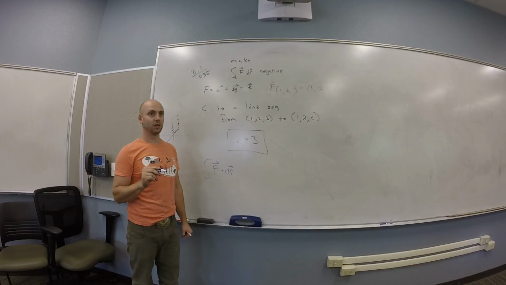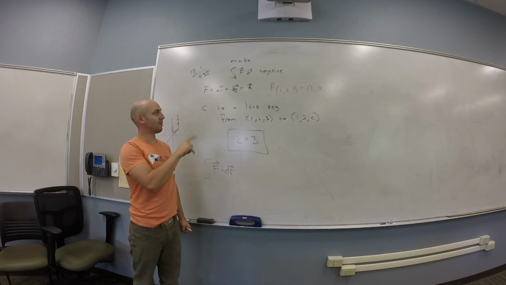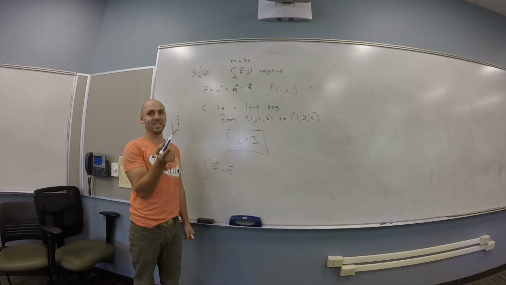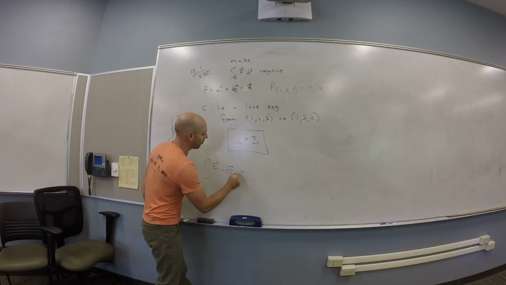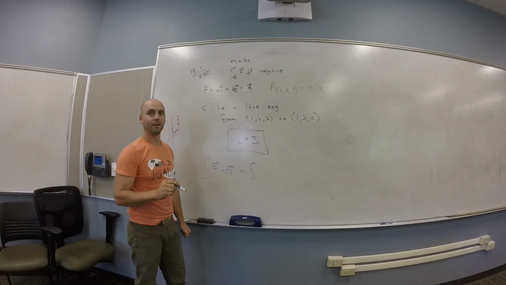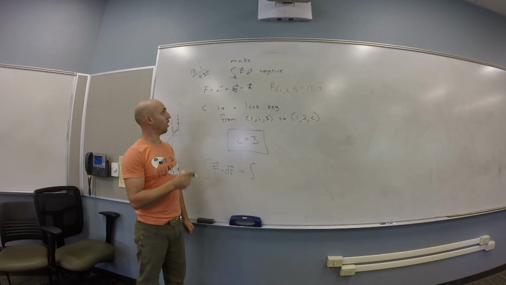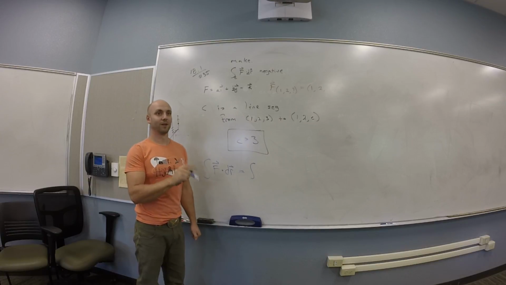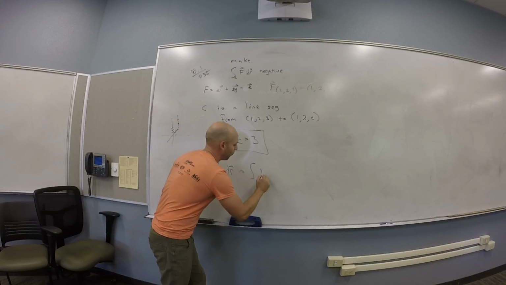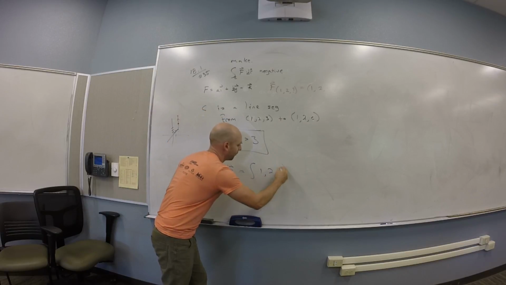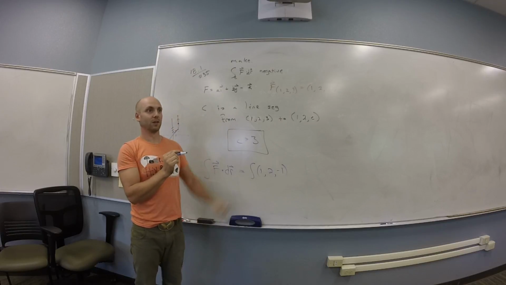I might parameterize that by (1, 2, t). You guys with me? Okay, so if I evaluate F at (1, 2, t), I get (1, 2, negative 1).